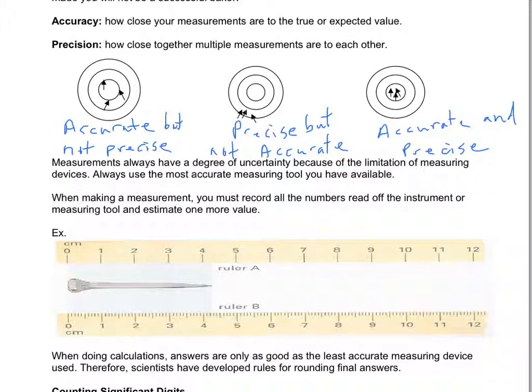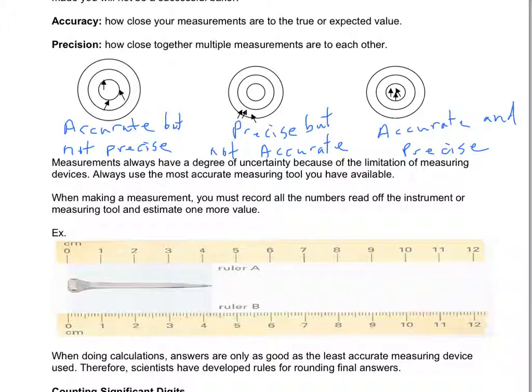But how many numbers do we actually record? When you're making a measurement, make sure you record all of the numbers you can directly read off of the instrument or measuring tool. And then you must estimate one more value. This is the convention when taking measurements in science.